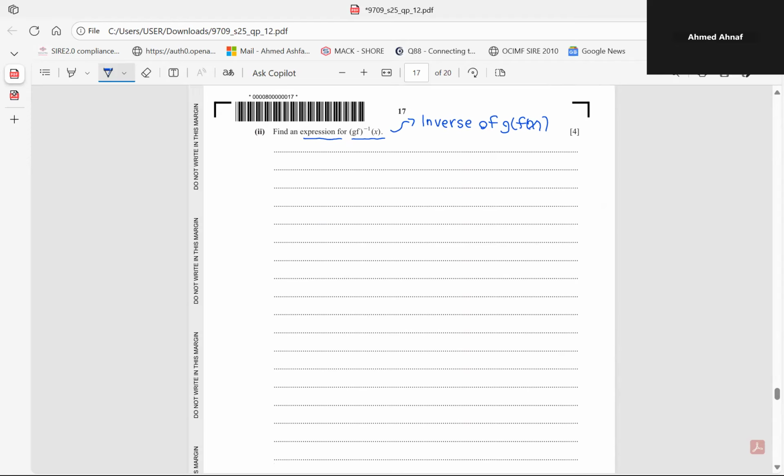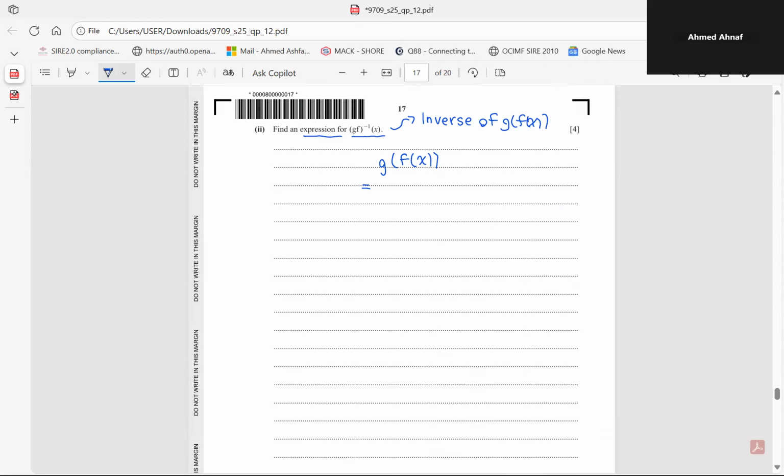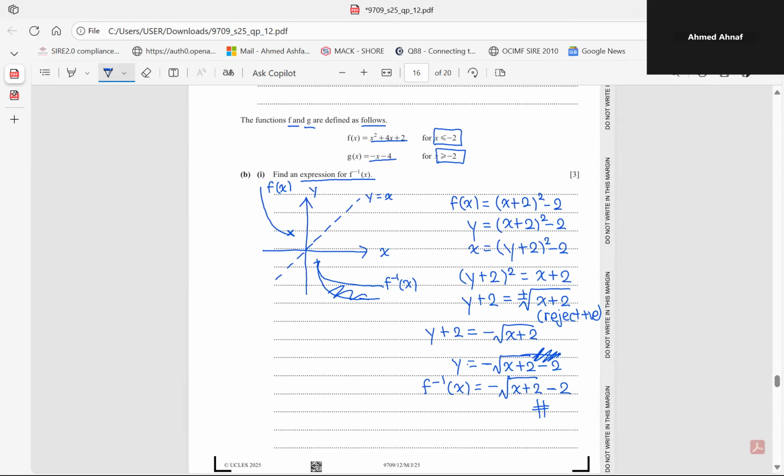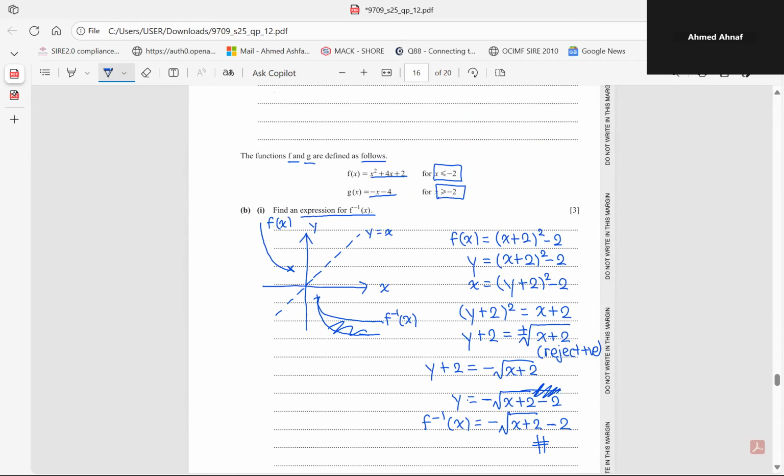So first of all, we have to find gf of x. gx is minus x minus 4. And to find gf of x, just substitute x with fx.